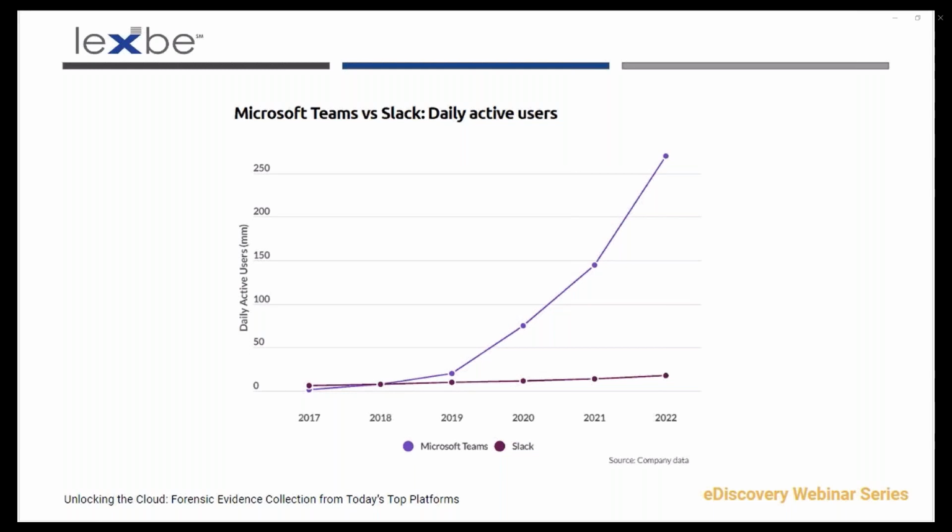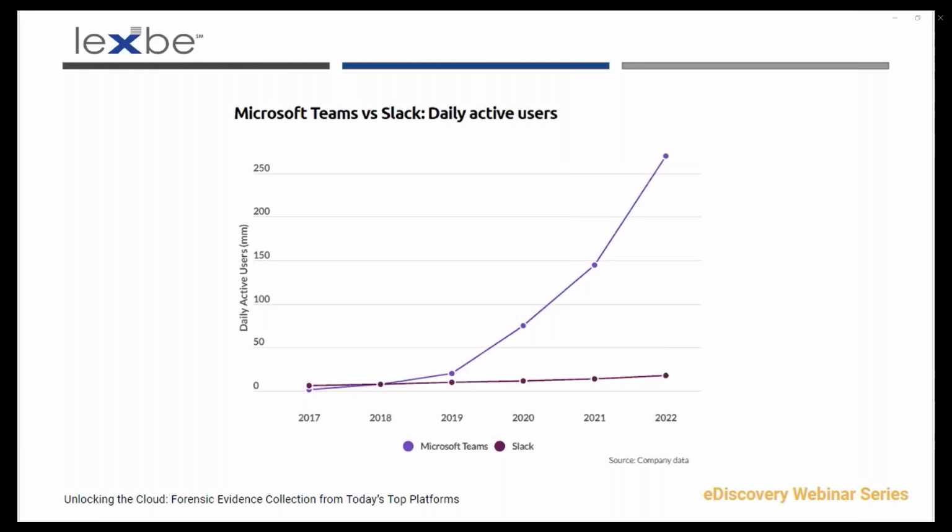The really interesting aspect of Teams and Slack, Google Chat, and other messaging collaboration platforms is that the chat function often lends itself to more casual, less formal styles of communication. You'll also find a lot of emojis, photos, and attachments that make it a really rich source of evidentiary ESI.